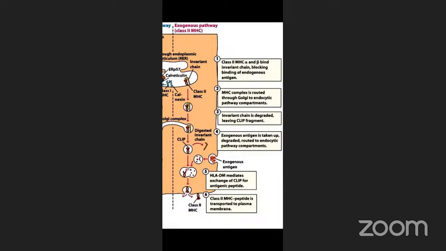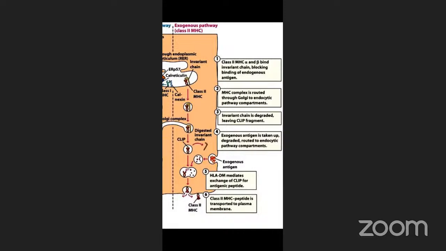The invariant chain is degraded, leaving a small fragment that we call CLIP.